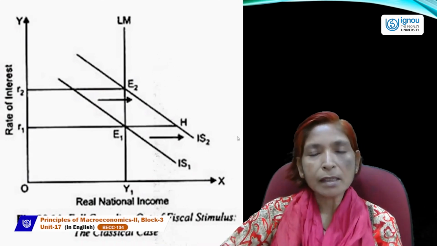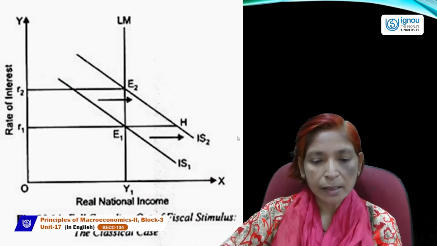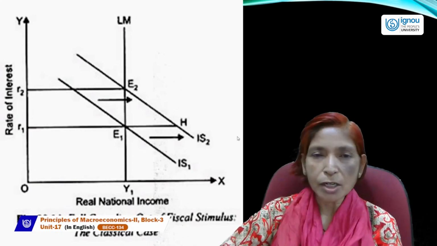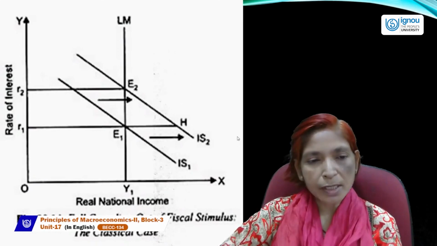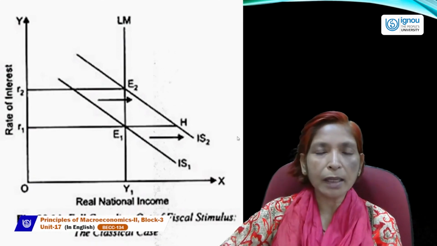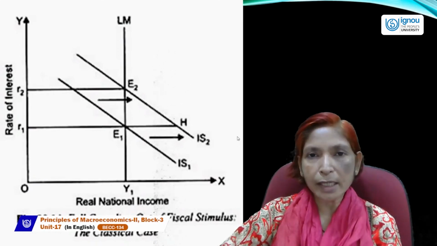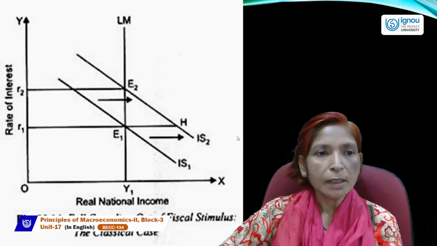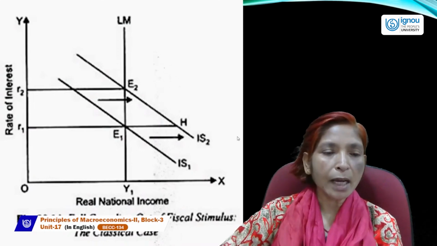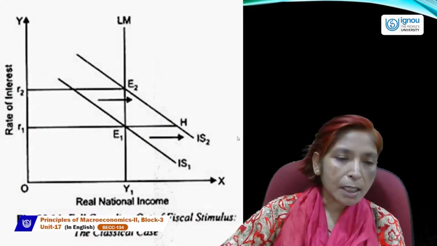When the IS curve shifts to the right hand side due to expansionary fiscal policy, it means government is increasing its expenditures and reducing the taxation rate. The IS curve shifts to the right from IS1 to IS2. This IS2 curve intersects the LM curve at point E2.